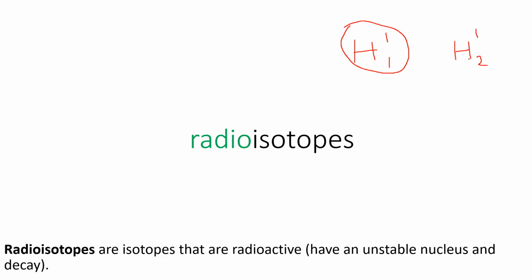Okay, and we call that isotope a radioisotope if it is radioactive. And just remembering what radioactive means, it has an unstable nucleus and it goes through radioactive decay, meaning it will try and change itself to become this stable isotope. Okay, and we're going to learn later in this week how it can do that.